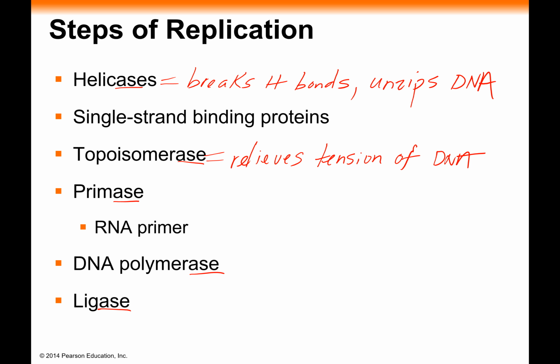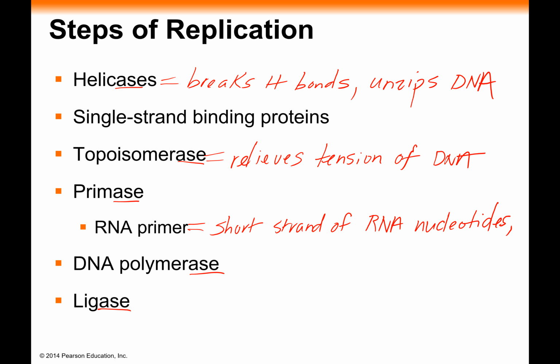Then, in order to get replication started, we've got to prime it. And so there is an enzyme called primase, and it lays down an RNA primer. So basically a short strand of RNA nucleotides.